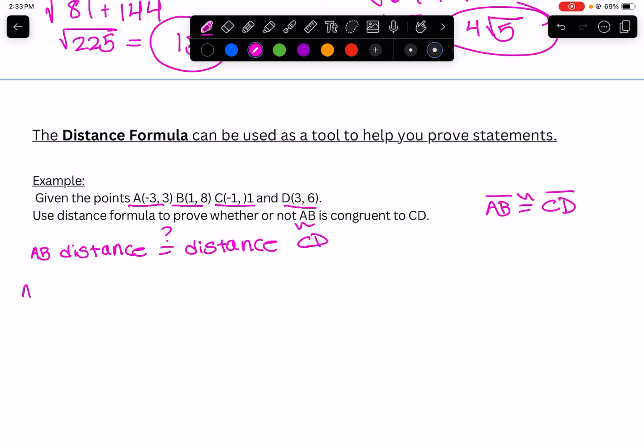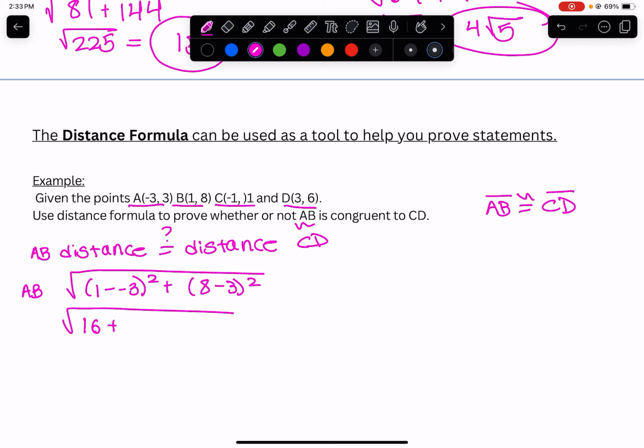So for AB, square root of 1 minus -3, doing our x's, plus 8 minus 3 squared. So that gives me 16 plus 25. So 16 plus 25 is equal to the square root of 41.